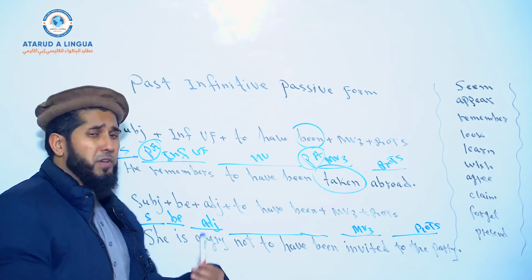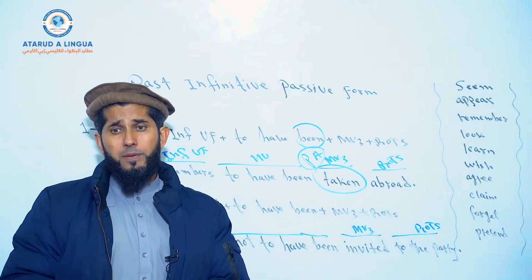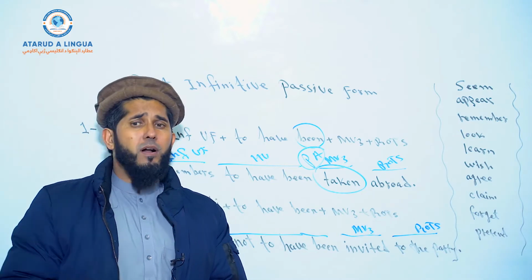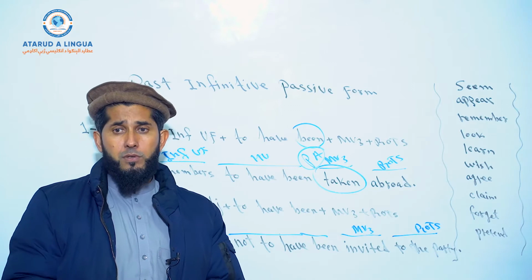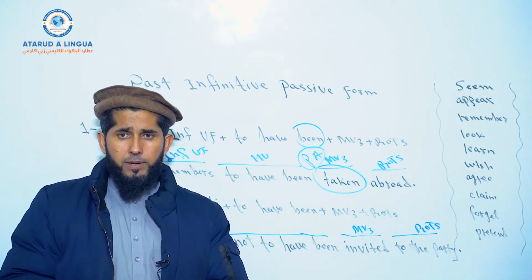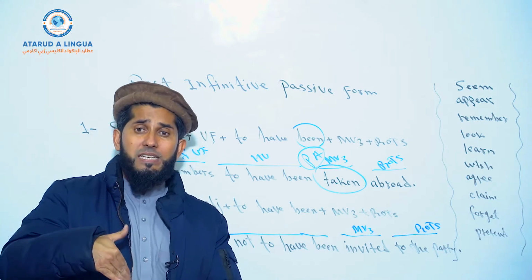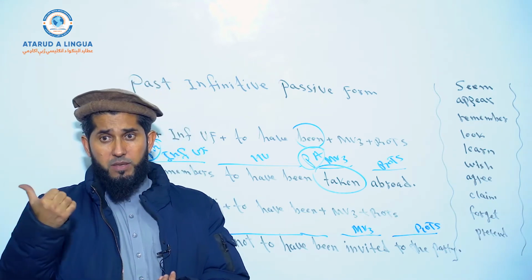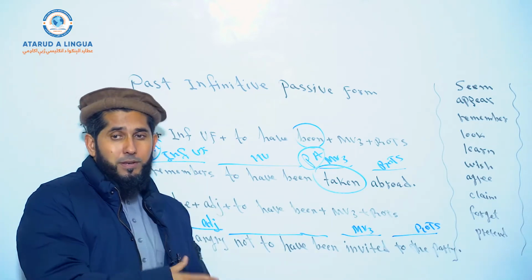What's the idea over here? There was a party, and she was not invited to the party, right? It was a wedding party, for example, her relatives' wedding party, right? And they did not invite her, so she was not invited by them. Yes, by them to the party. And at present time now, she is angry about that.